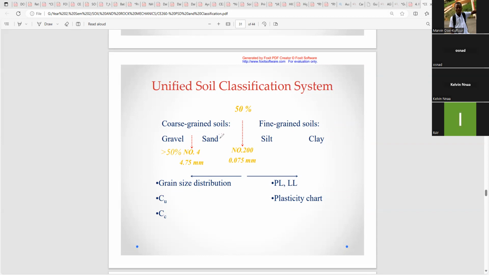We have the sand and we have the gravel, constituting the coarse grained soils. And we have the fine grained soils too. Under that, we have our silt and our clay.